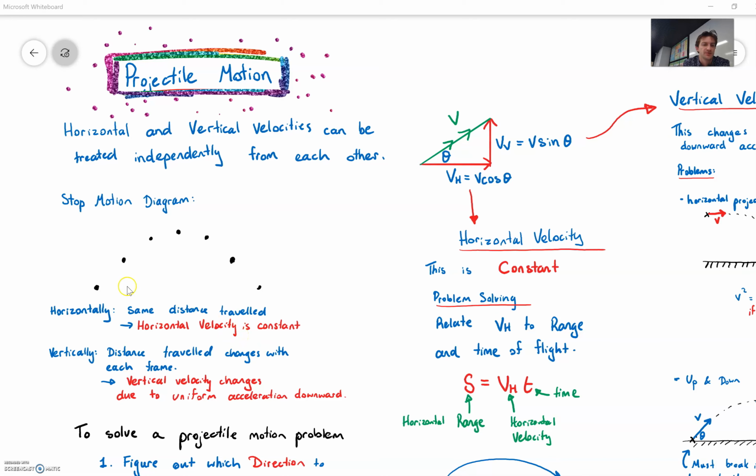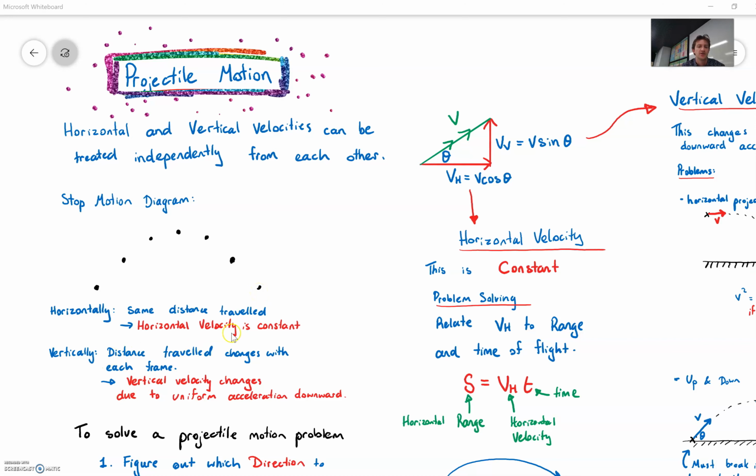Whereas vertically, if we look at the vertical distance traveled, it's traveled up a little bit there. And then in the next frame, it's traveled up a bit more, but not as much. And then not very much vertically again, and then the distance traveled actually changes direction, so it gets displaced downwards now, and the displacement is increasing with each frame as it goes down.